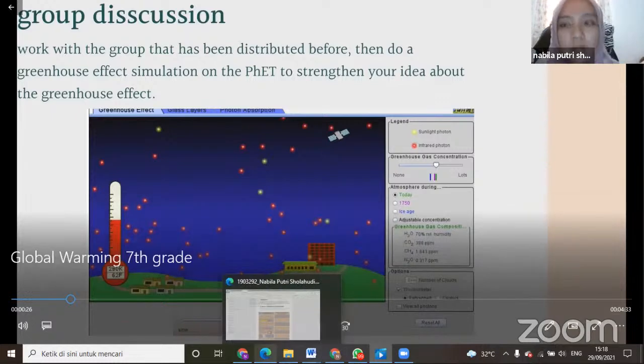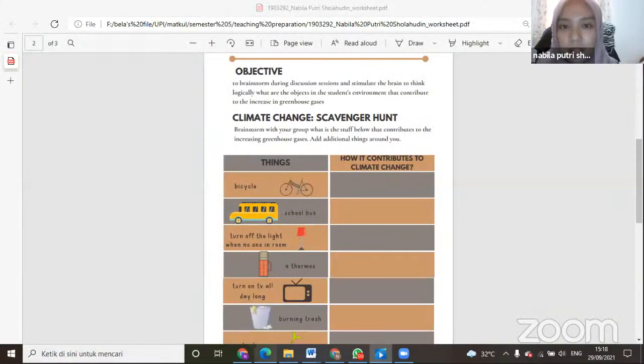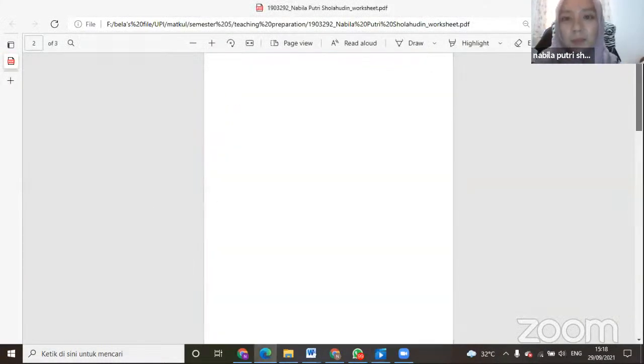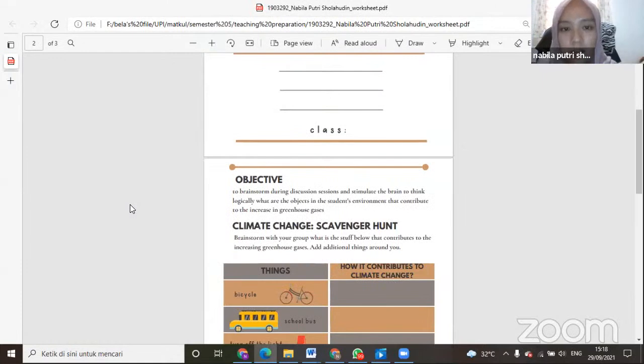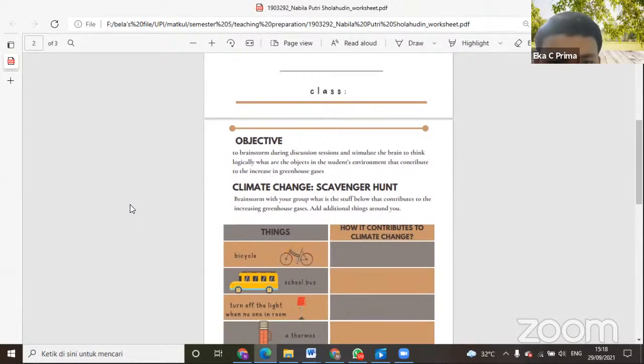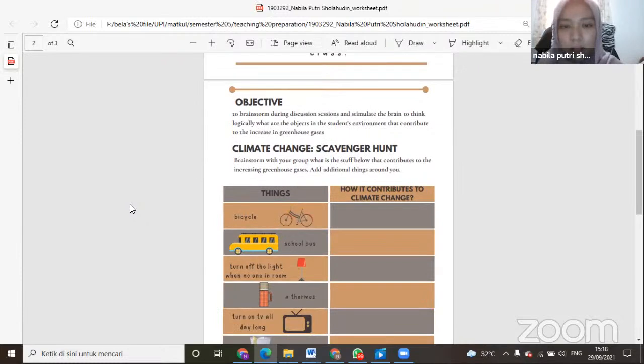All right, this is the worksheet. Actually, it is a simple worksheet, sir. I just asked the students to brainstorm during the discussion session and stimulate the brain to think logically about what objects in the environment contribute to the increase in greenhouse gas.